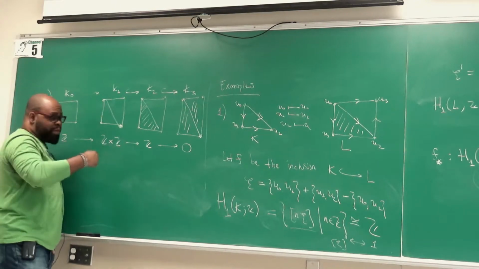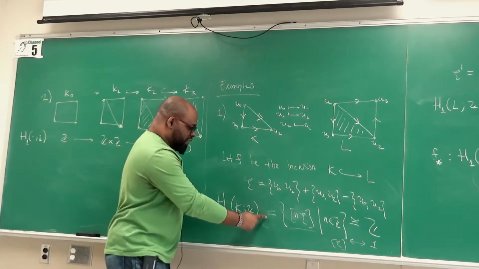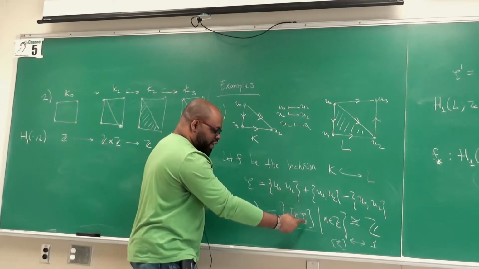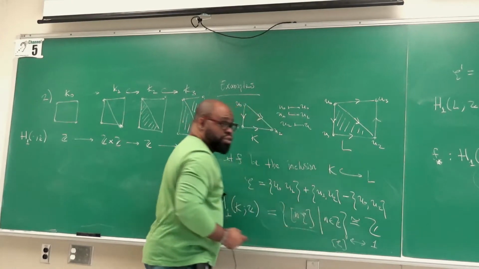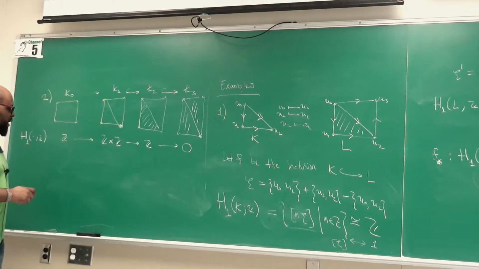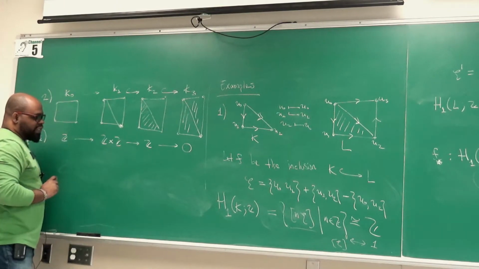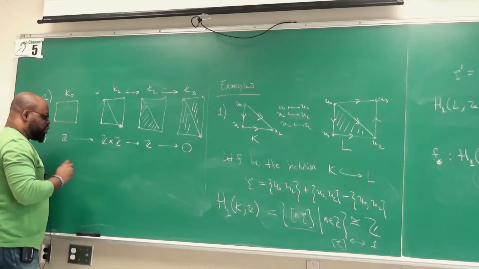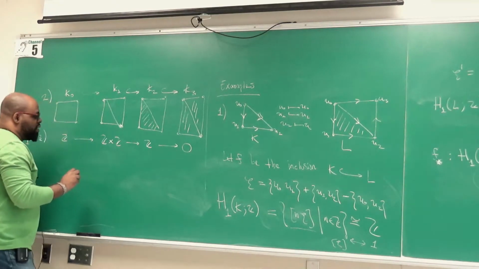Before, what I did here was identify every cycle in here with an integer. So when I say Z cross Z, perhaps I should get specific on what I mean.